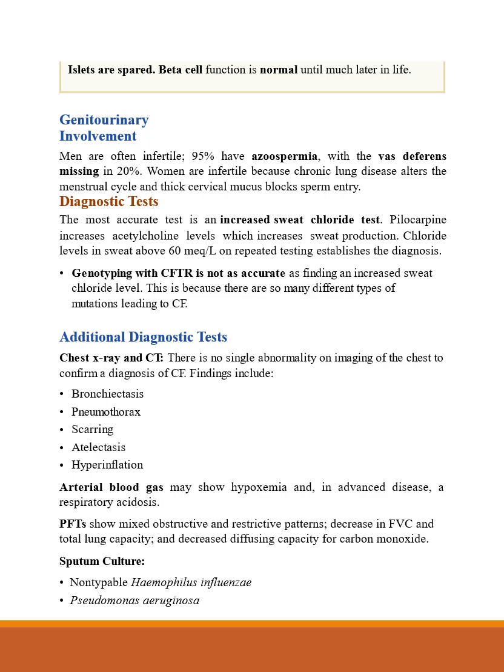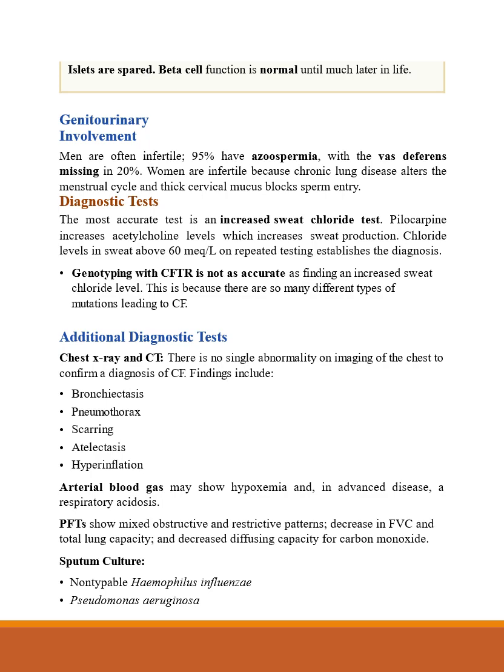The diagnostic tests which are used here: the most accurate test is the increased sweat chloride test. Pilocarpine increases the acetylcholine levels, which increases the sweat production. Chloride level in sweat above 60 milliequivalents per liter on repeat testing will establish the diagnosis.